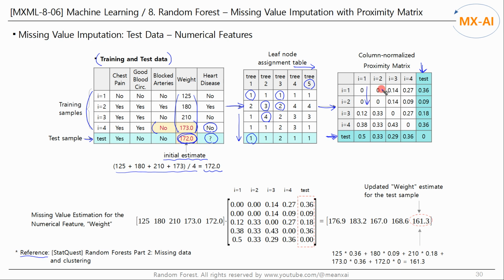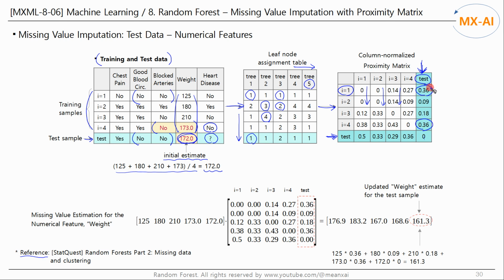Since we normalize the matrix column by column, we use the last column as the weight vector. These weights indicate how similar the test sample is to each training sample. The similarity between training sample 1 and the test sample is 0.36, which is relatively high. This is because 2 of their feature values are identical. The same is true for training sample 4 and the test sample.